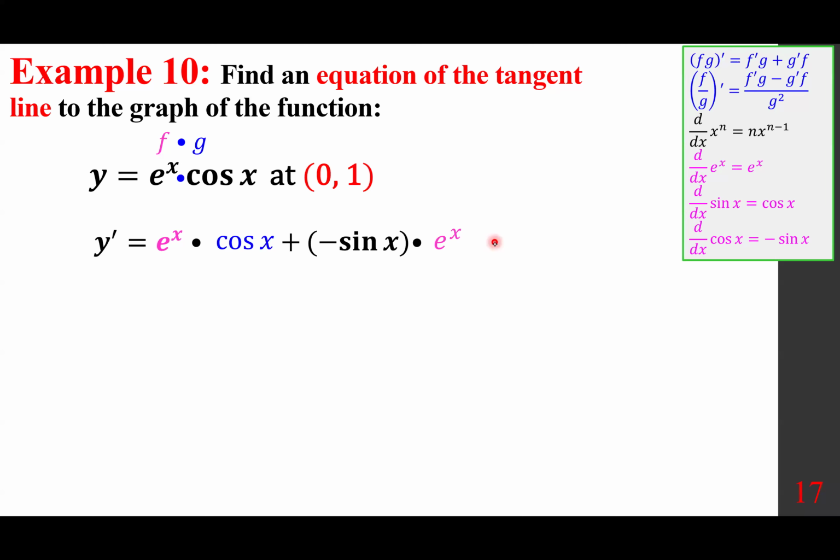And that is the extent of the calculus step, and we are completely done with calculus. We factor e to the power of x out.